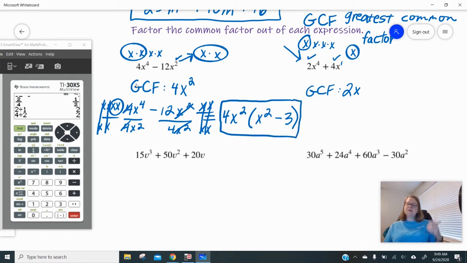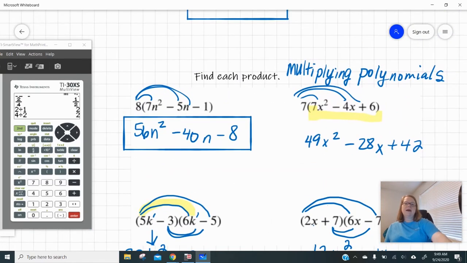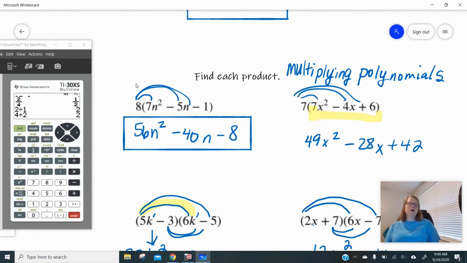Now, let's think for just a second: that answer looks like a problem that we were just doing. If we slide back up here, that looks kind of like these problems where we were finding each product. We were given a problem where we had to multiply because we had parentheses and the distributive property, and we ended up with answers that look like these.